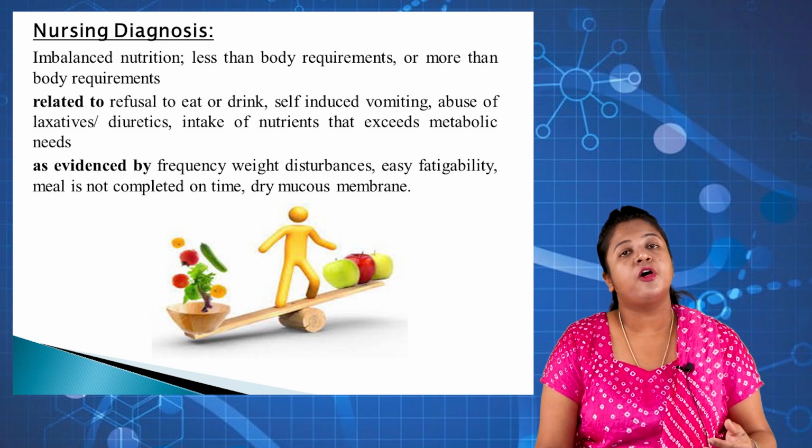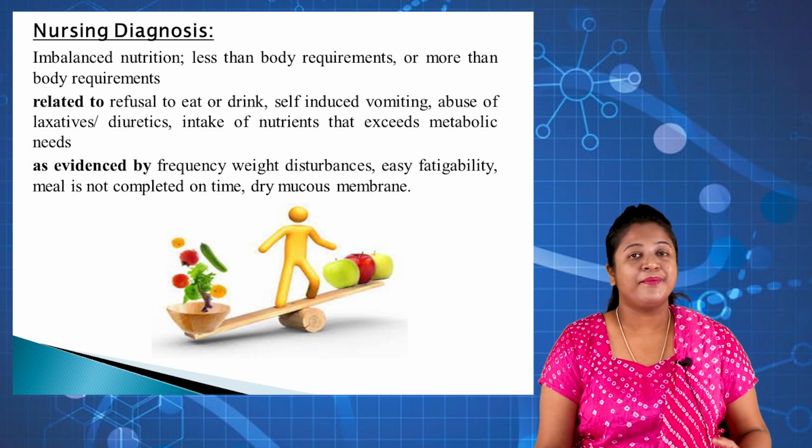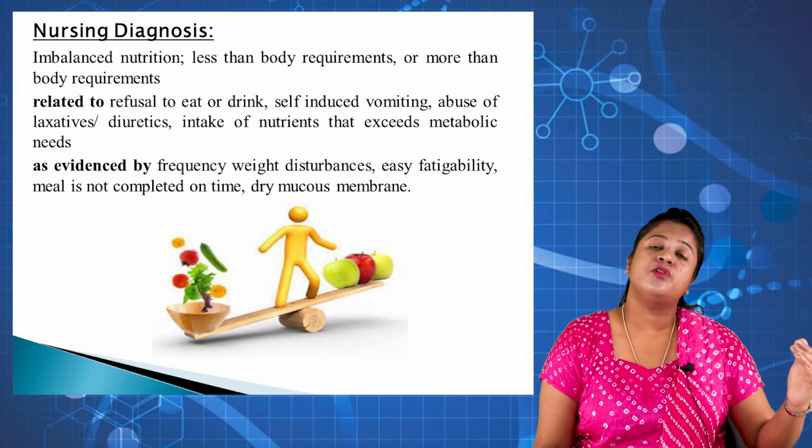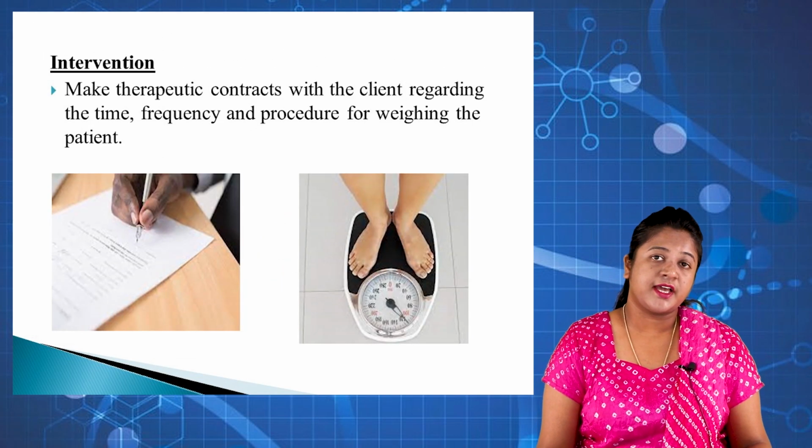So these are some of the features that you can note in the imbalanced nutrition less than or more than body requirement. Now, what are the nursing interventions for this diagnosis?